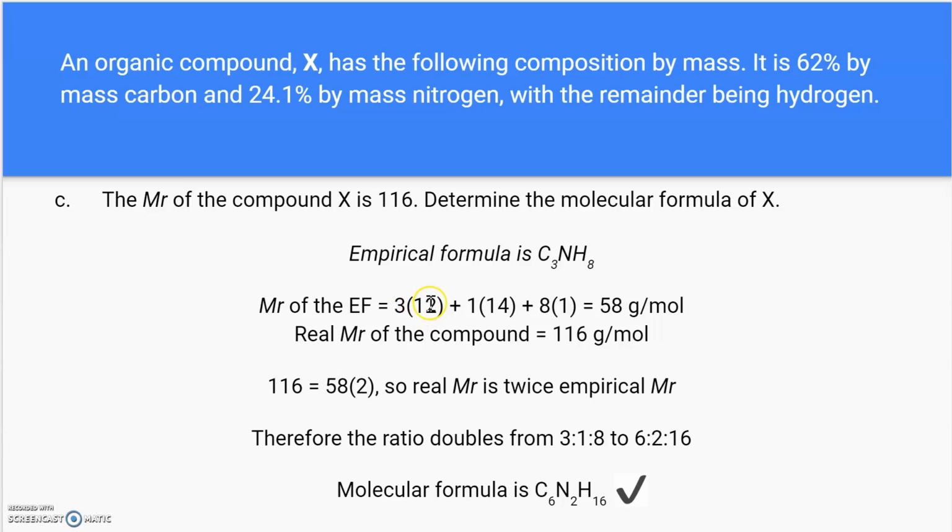That 3:1:8 ratio we obtained, we need to double, as seen in this mathematical relationship from the masses. So the ratio of 3:1:8 doubles to 6:2:16, and we get that the molecular formula is C6N2H16.